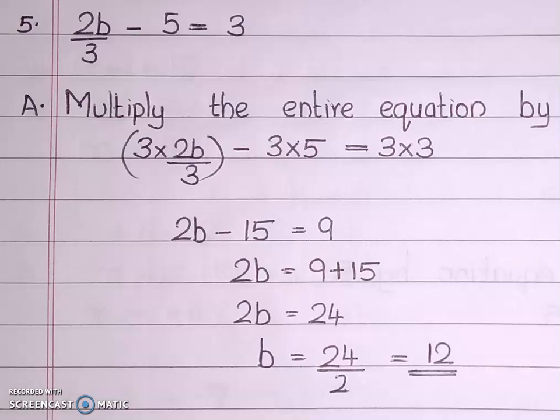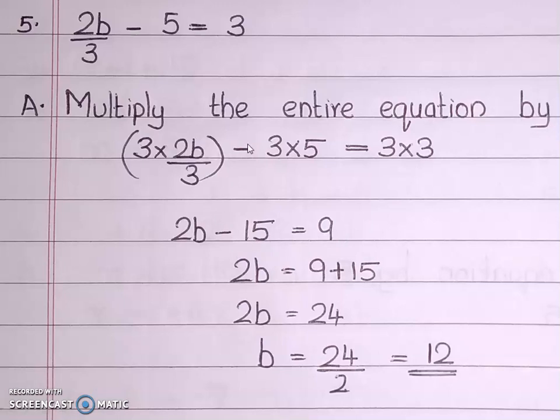So you will get 2b minus 15 equal to 9. How did you get this? 3 and 3 get cancelled. So 2b is remaining. 3 into 5, what is that? 15. 3 into 3, 9.